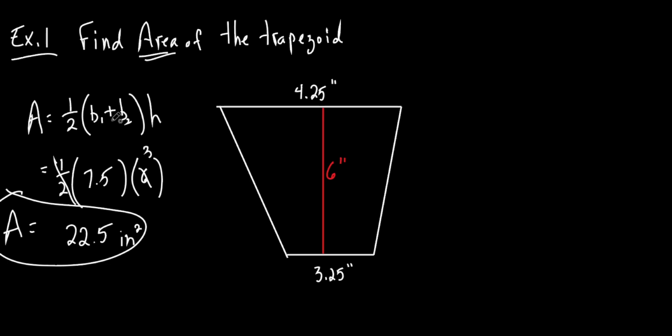You see that? So you're going to have to do a little bit of algebra. Sometimes they're going to give you this area, but one of these three things is going to be missing, and you're going to have to do some math to figure out how to get those. But in this example, they made it really straightforward. They just asked you to find the area. But like I said, they could change things around a little bit.